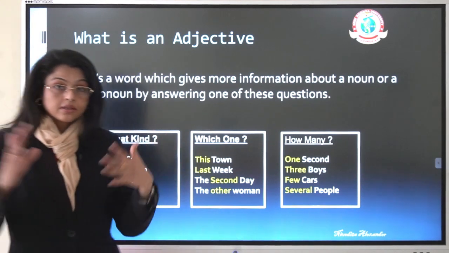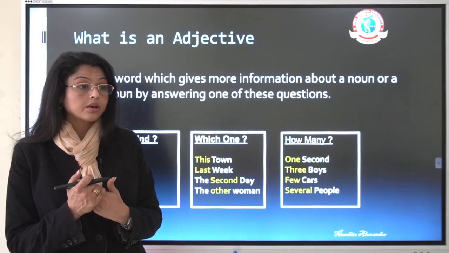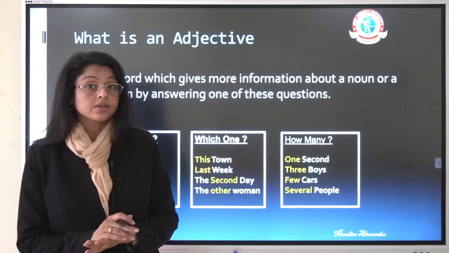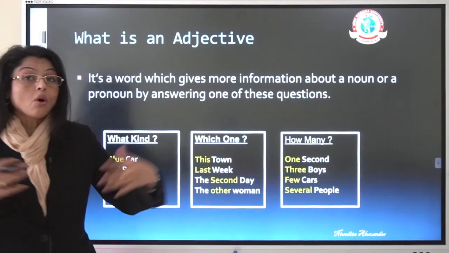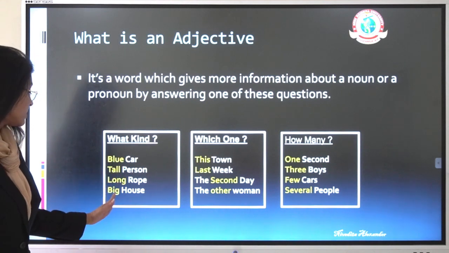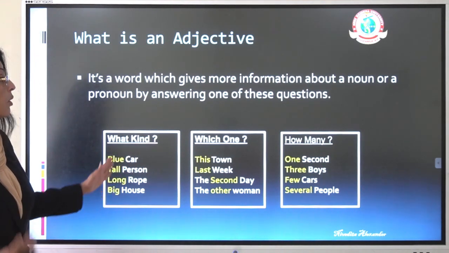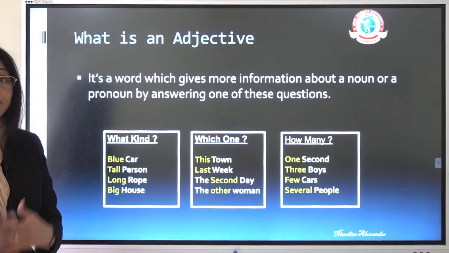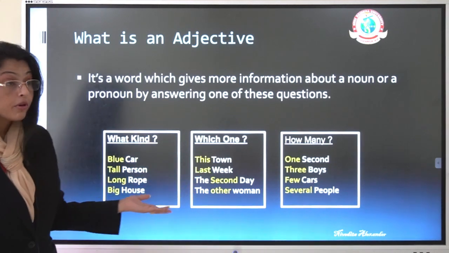Then there are a lot of houses in a colony. You are pointing out one particular house: the big house, the small house, the longer house, the blue house, the green house. That is how you can show what kind of a thing it is, the quality, giving more information about a noun, or it could be a pronoun as well.